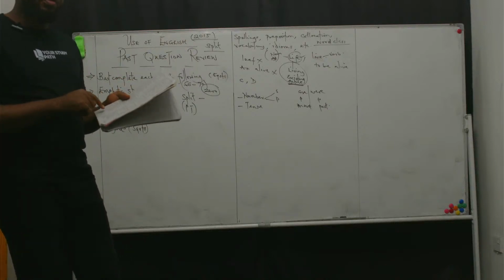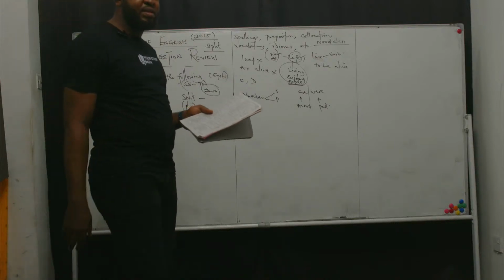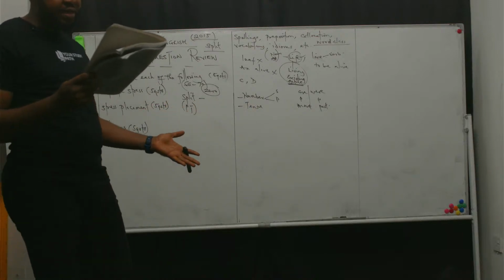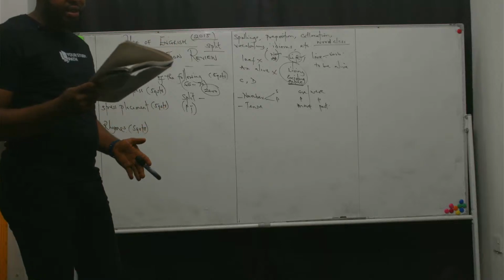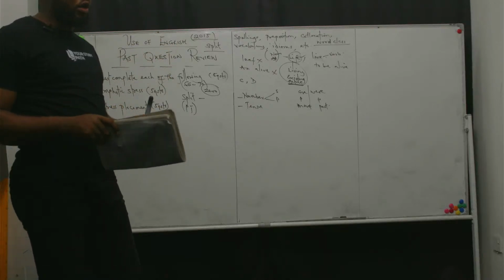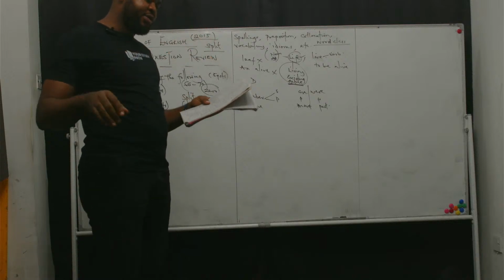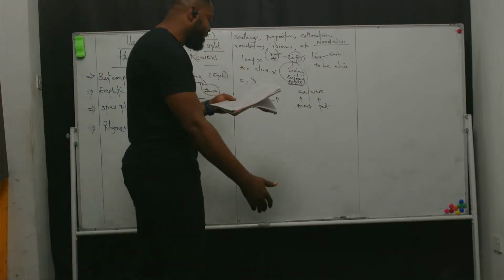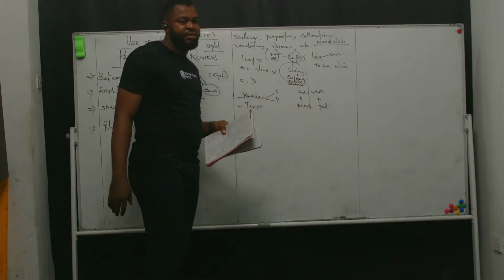This clause I just read out now, what does it mean? Before we look at the options, let's look at the interpretation of that clause.